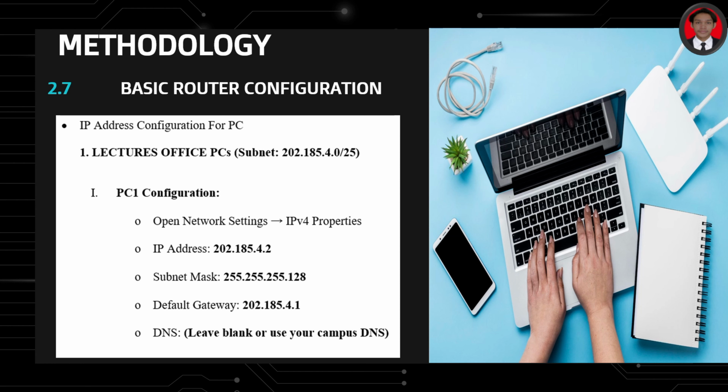Here, IP address configuration for PCs. First PC is the lecture office PC, subnet 202.185.4.0/25. PC1 configuration: open network settings, select IPv4 properties, then put IP address 202.185.4.2.